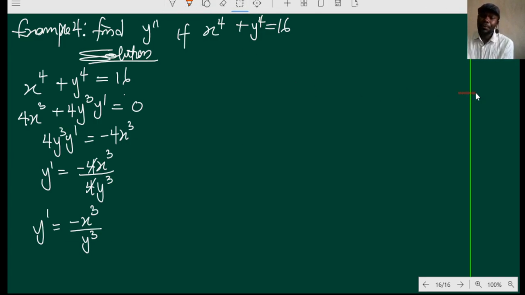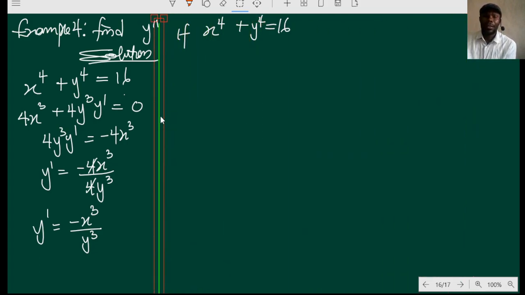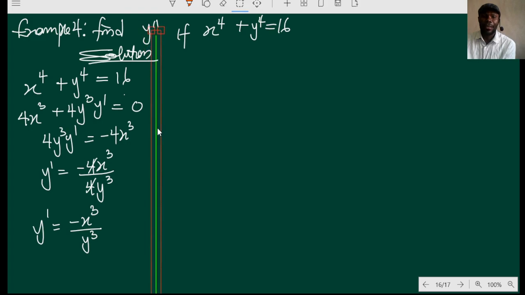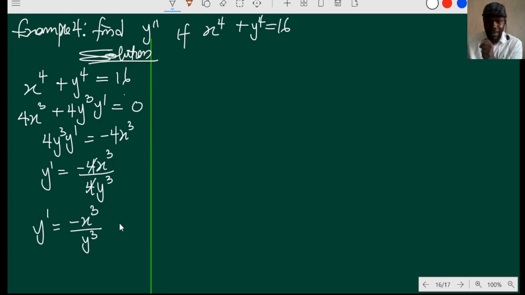Now, the question has let us know that we want to differentiate again. How do you differentiate this? The first thing you must know is that if you are to find the second derivative of this, this is u over v, meaning that you must apply the quotient rule.